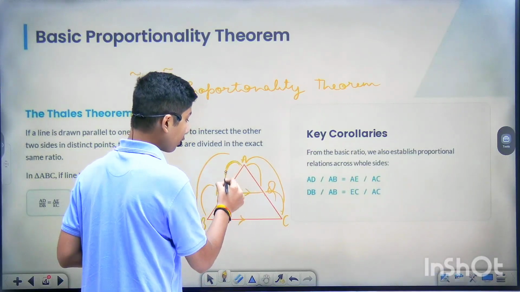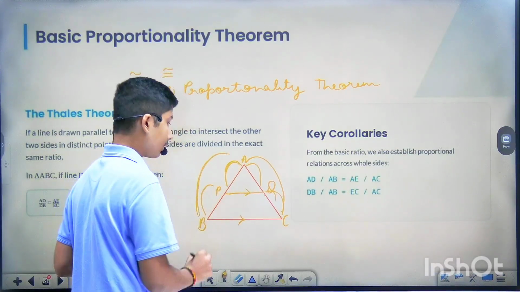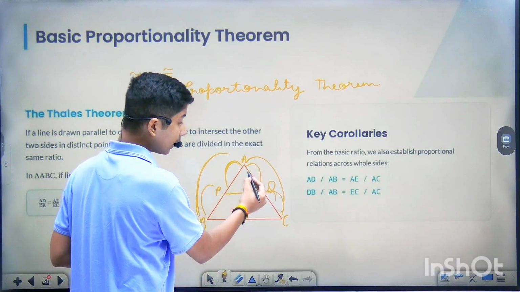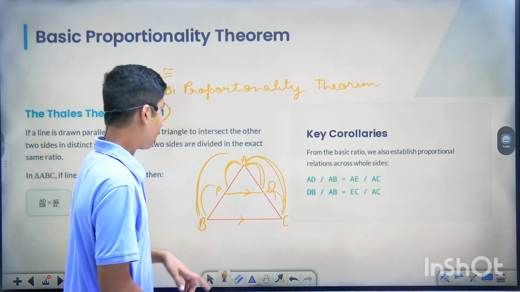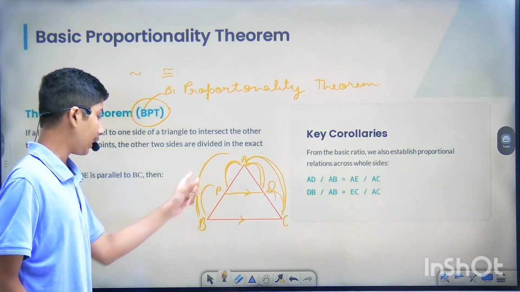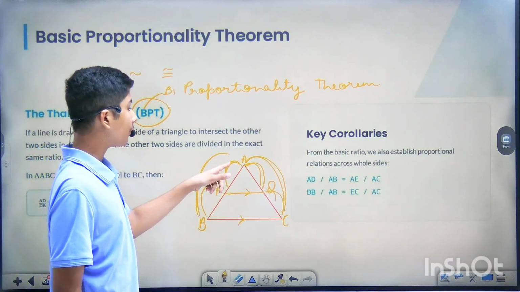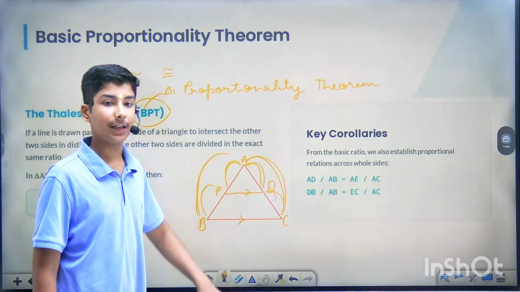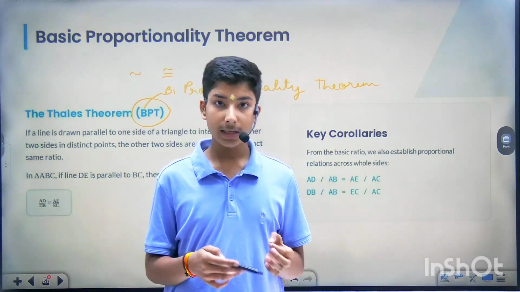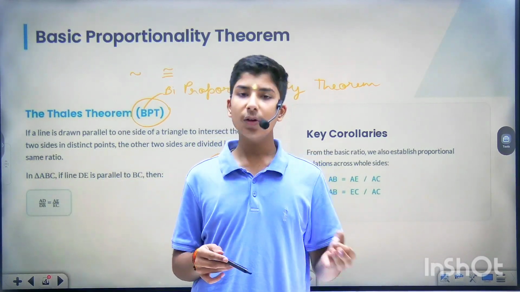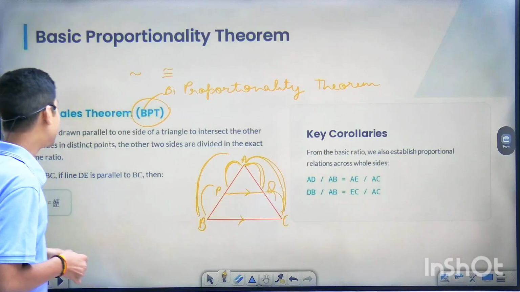If you are taking the small one upon the larger one, then on this side also you will have to take the small one upon the larger one. Means if you take AP upon AB, you will have to take AQ upon AC. Means the ratio of the sides will be equal, and it will be equal only when you take the correct sides.